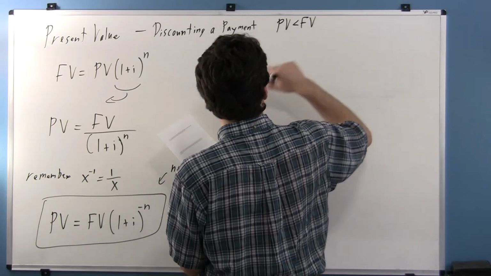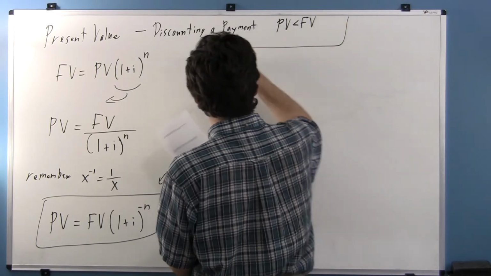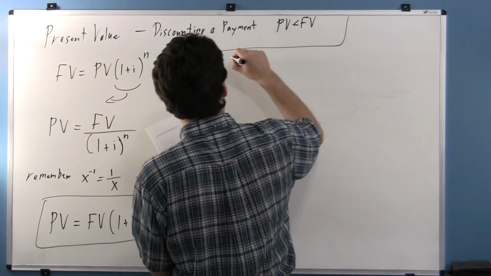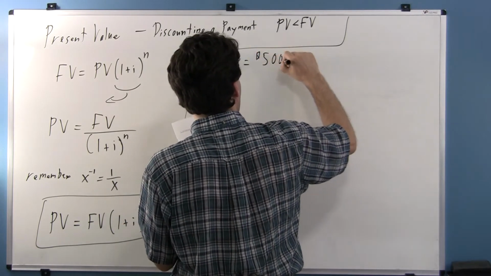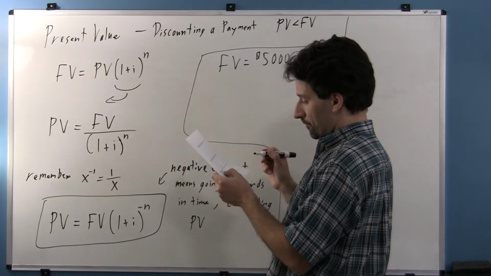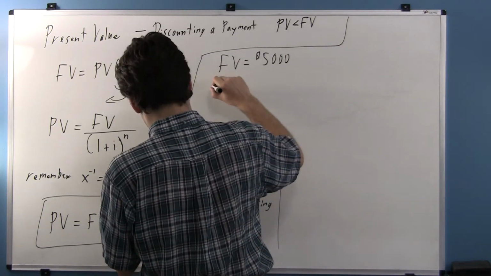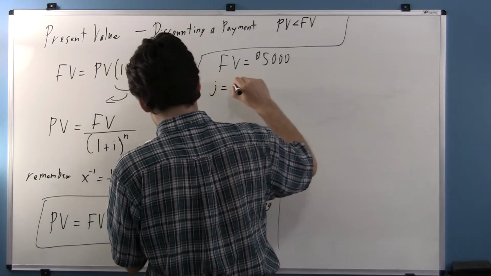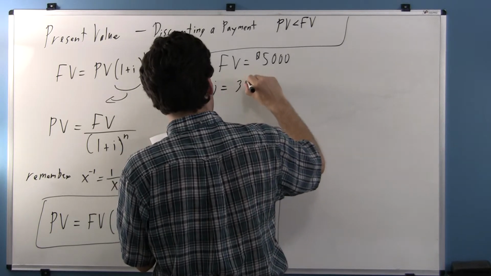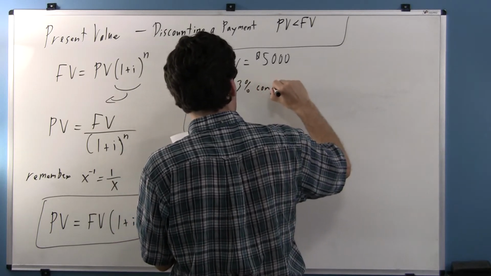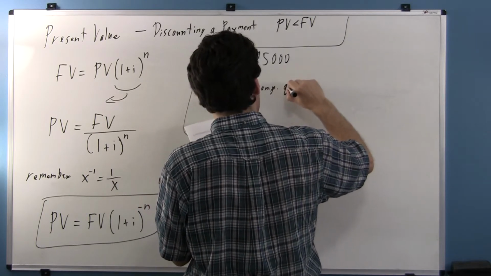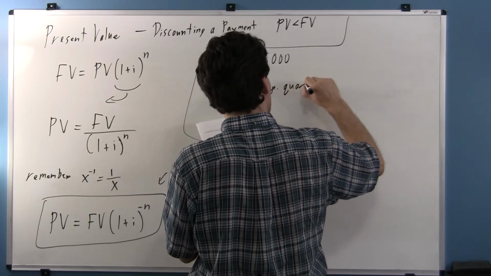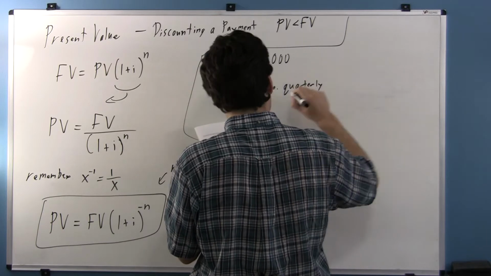So the future value is $5,000. Our nominal rate of interest, j, is 3% compounded quarterly.